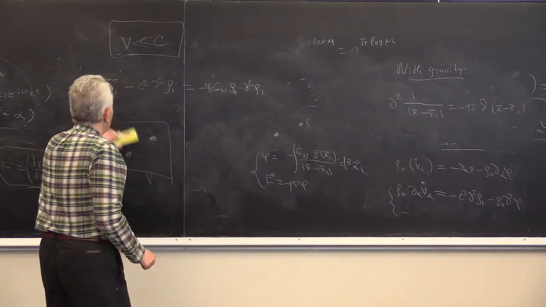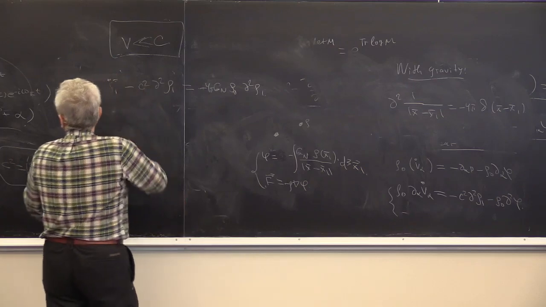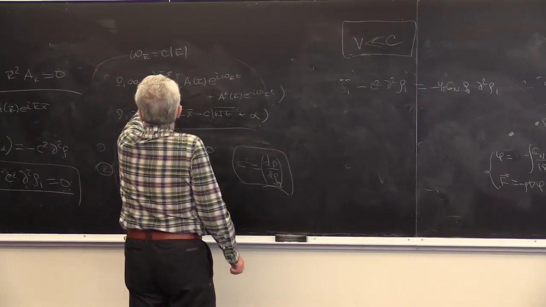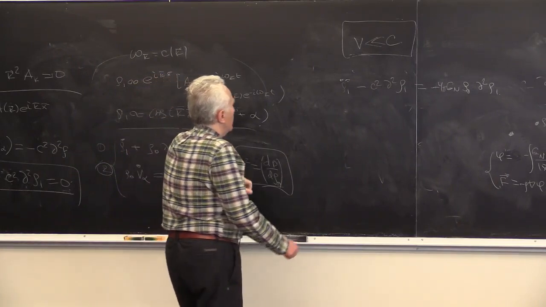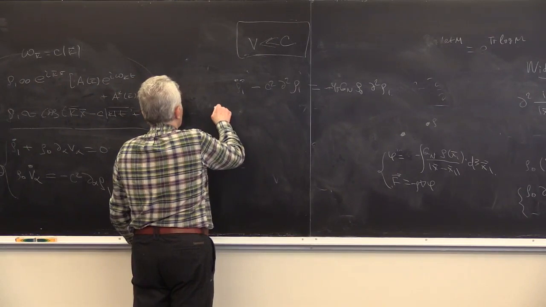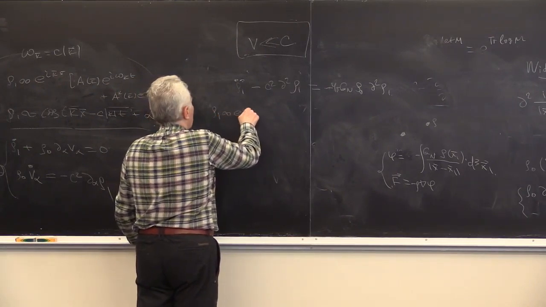And so when we go to the Fourier expansion, we find that it's the same rho 1 as before.